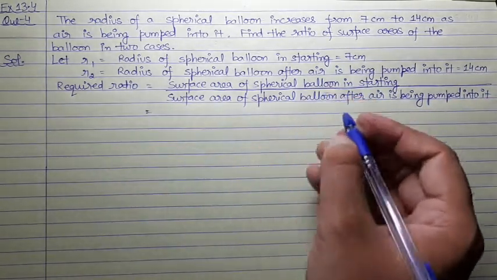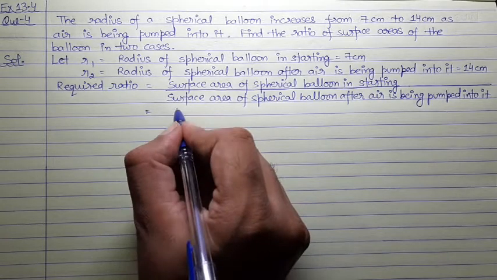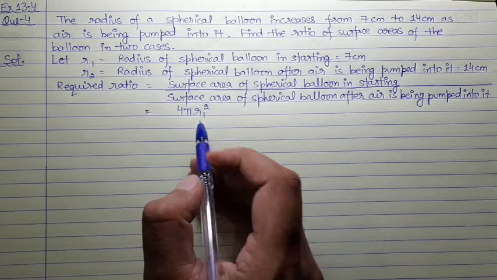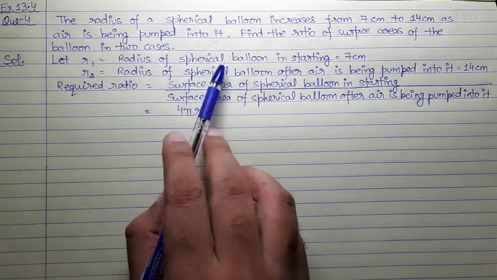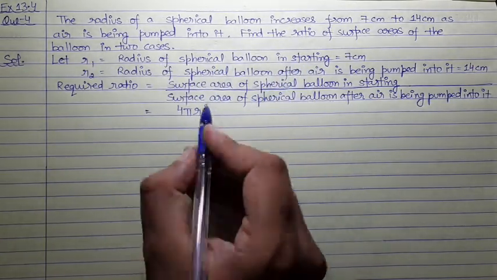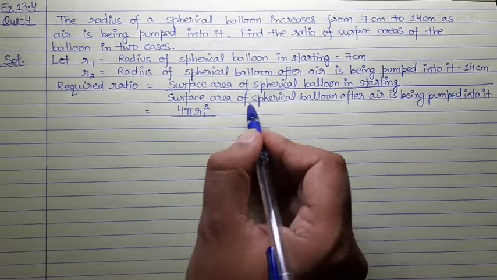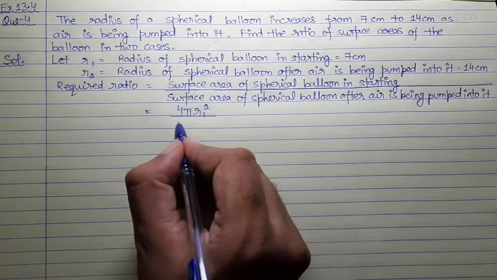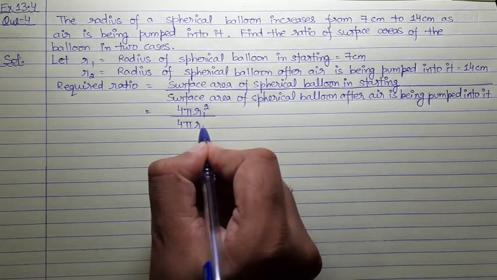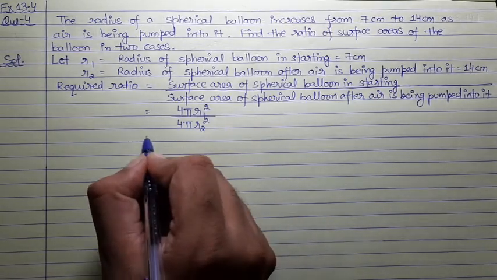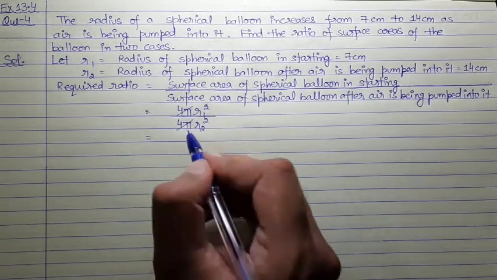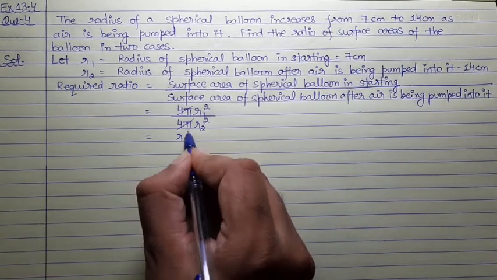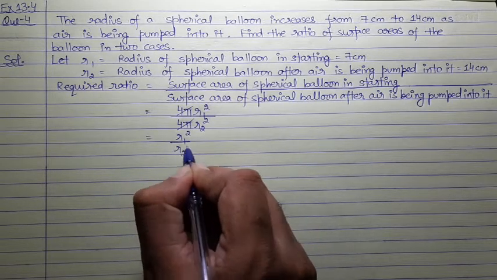Surface area of spherical balloon is 4 pi r1 square because r1 is the radius in starting, and surface area after air is being pumped into it is 4 pi r2 square. 4 pi will be cancelled out and we get r1 square over r2 square.